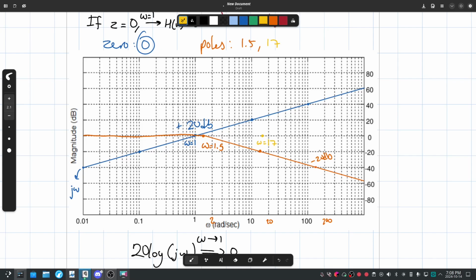In one decade, you're going to be here. In another decade, you're going to be over here. So let's draw the line. That's going to be a line over there, and then a line down here. So here are our individual zeros and poles.